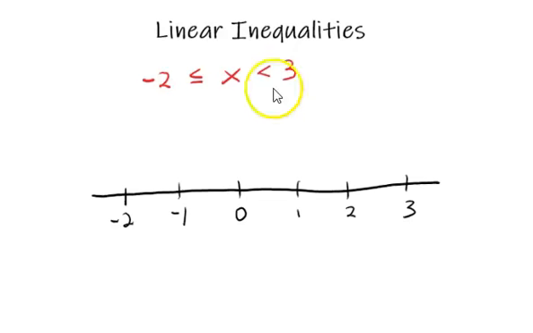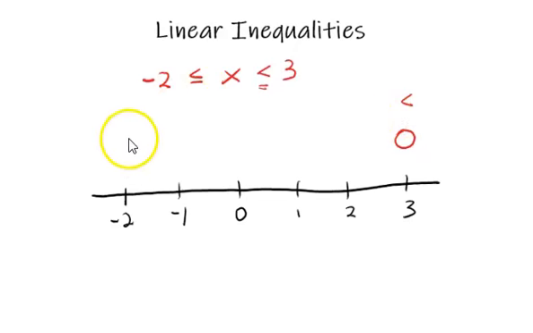Now we have a range of x values where x is less than 3 and more than or equals to -2. So what we can do here is put a circle at the 3, and this is the less than sign.